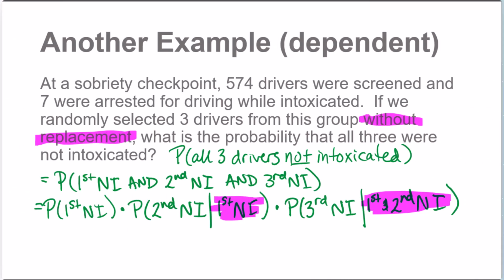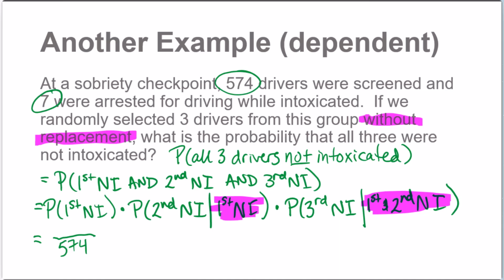So I'm going to start here with the first event. If I just select one person from this group, what is the probability that they're not intoxicated? Well, I know that the total number of possibilities, the total number of drivers I could select is 574, because that's the total number of drivers available. The other number I'm given here is 7, but the 7 is the number of people who were intoxicated.